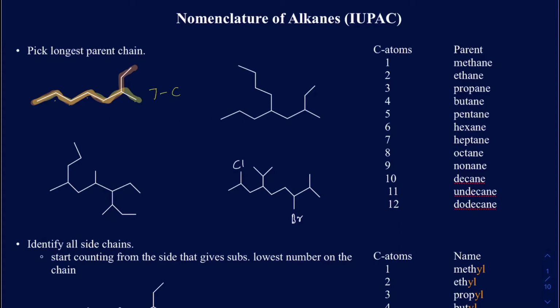It's going to be 1, 2, 3, 4, 5, 6, 7, 8. So it's going to have 8 carbons if we use the second chain that we just chose. So your longest or your parent chain in this particular case is going to be the 8 carbons, not the 7 carbons. All right, so don't pick 7 carbons, it's going to be the 8 carbons.